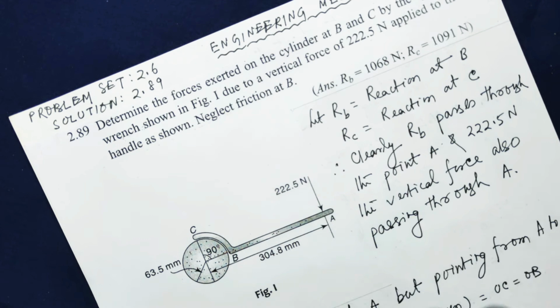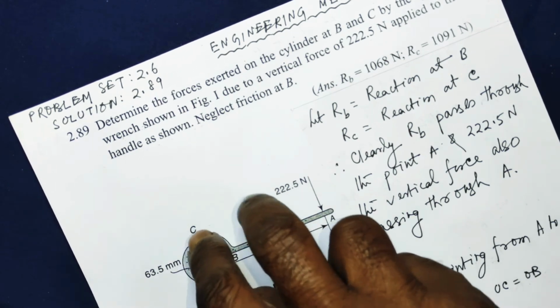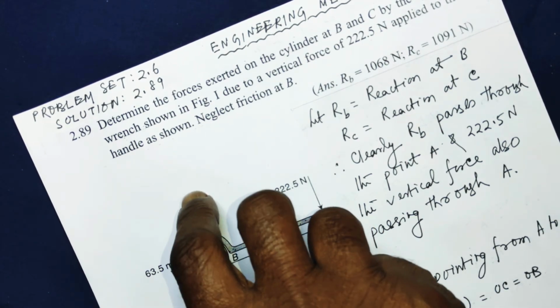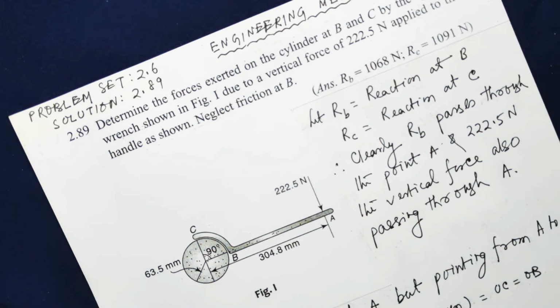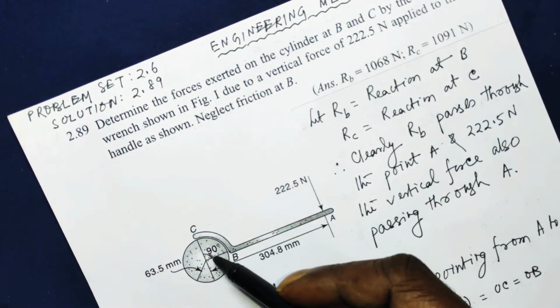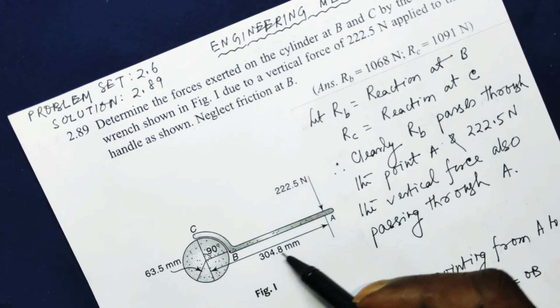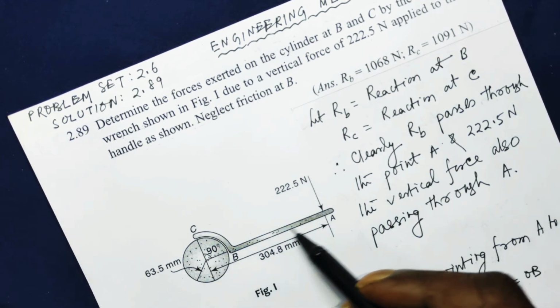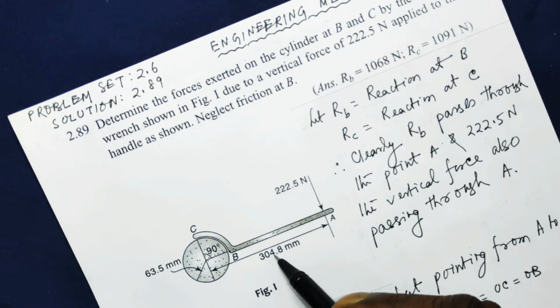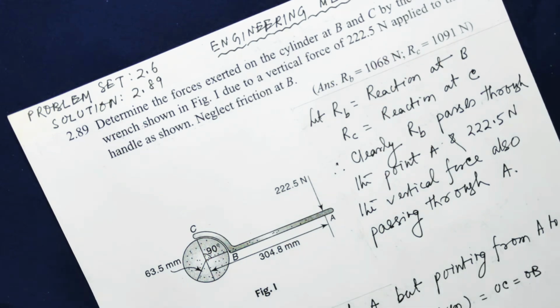If you apply a vertical load, this cylinder will try to rotate like this. So there will be turning effects, and this angle is given as 90 degrees. From this point to this point is given as 304.8 millimeter.